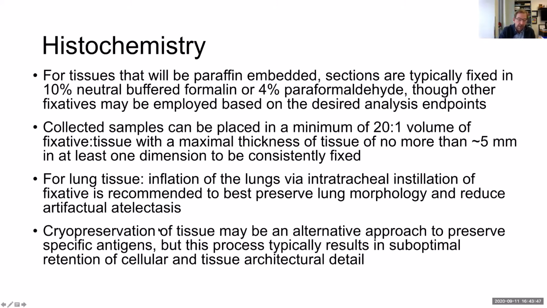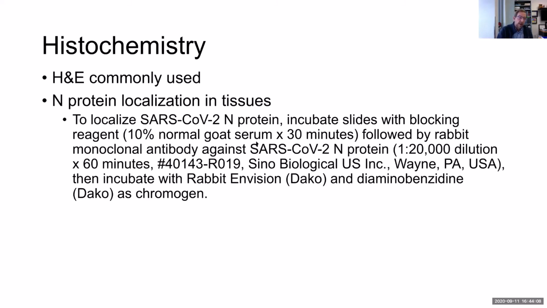In some settings, you may need to do cryopreservation, and that doesn't always give you the best morphology, but it might be necessary, for example, for certain immunostaining techniques that won't work on paraffin embedded tissues. So we would commonly use H&E staining in our assessment.